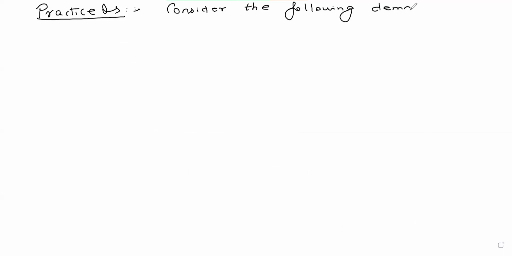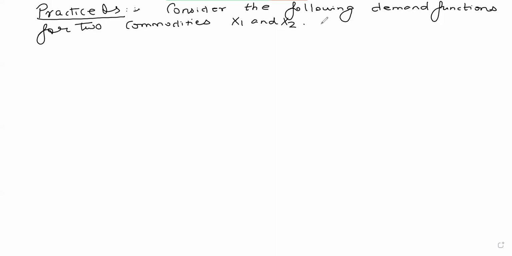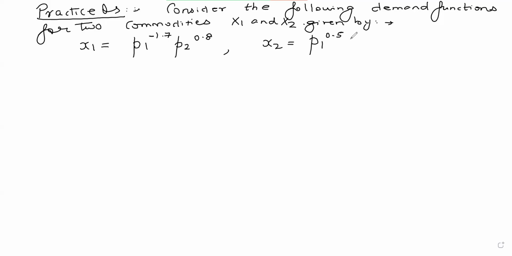Consider the following demand functions for two commodities x1 and x2, given by: x1 is equal to p1 to the power negative 1.7, p2 to the power 0.8, and x2 is p1 to the power 0.5, p2 to the power negative 0. We are given these two demand functions.